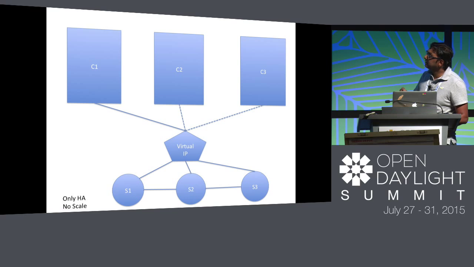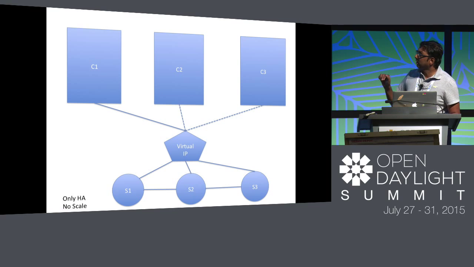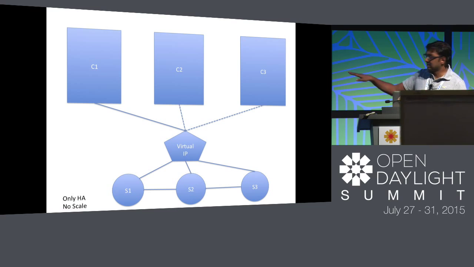If suppose C1 dies, then the VIP moves to C2, and that's the way you can achieve HA. Some people achieved HA this way, but there's no scale. For example, all the switches are being serviced by just one controller at a time. C2 and C3 are practically slaves for this set of switches.